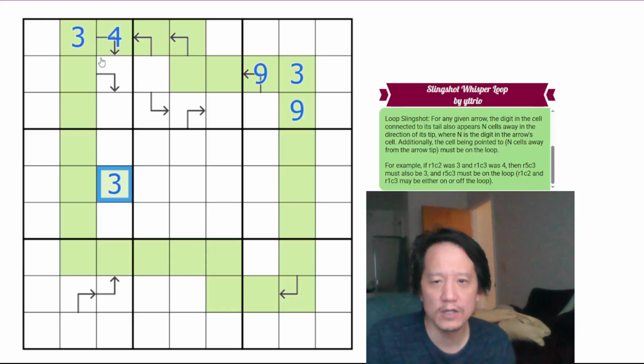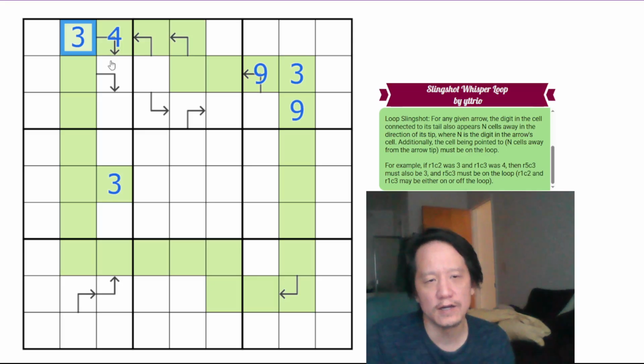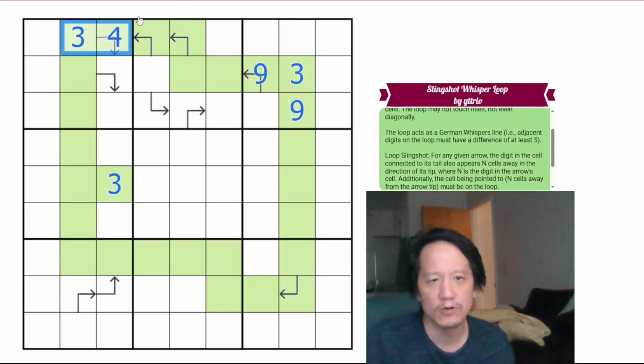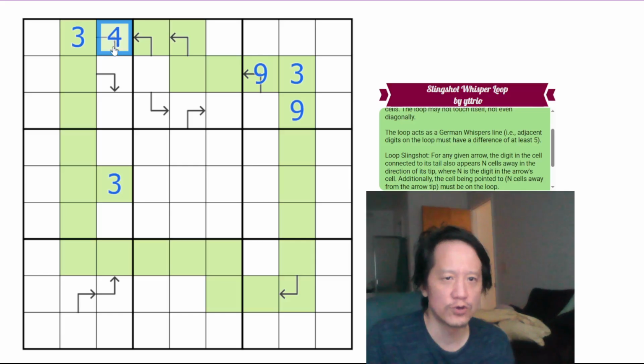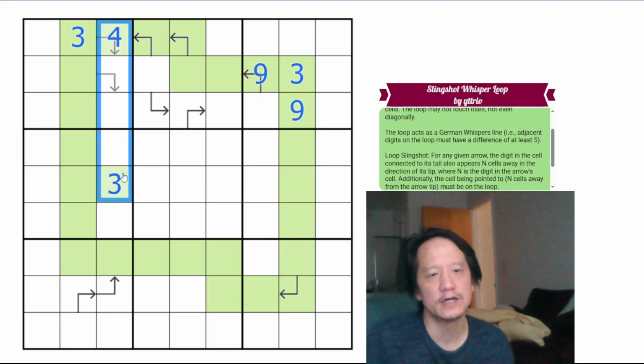Row 1, column 3 may be either on or off the loop. We don't know. But basically, because this is a 3, that's the digit on the arrow's tail. This 4 signifies we have to have that digit 4 cells down, which is 1, 2, 3, 4. And on top of that, we know it's on the loop.